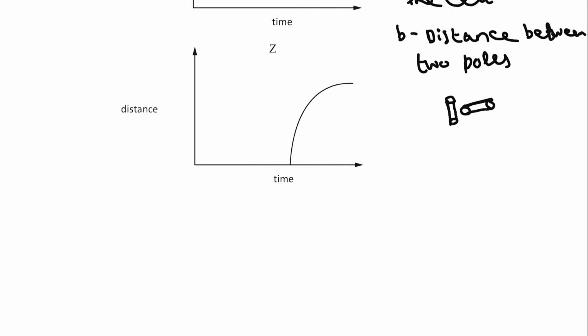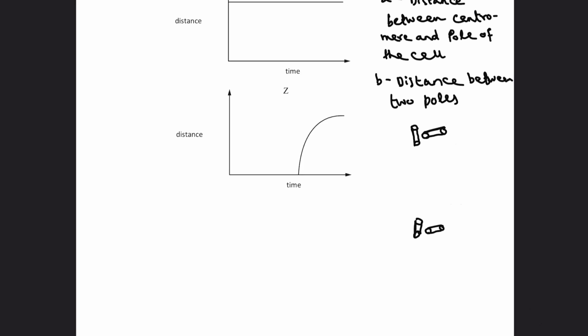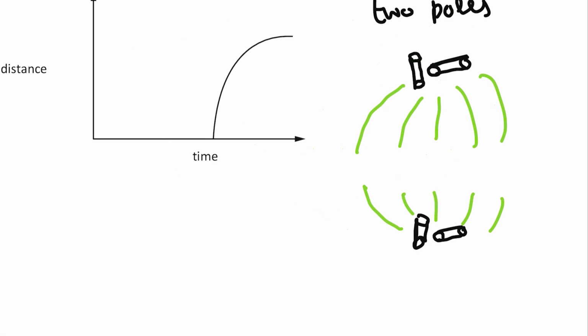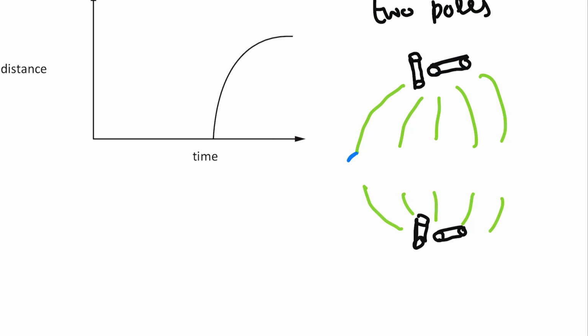So the picture in anaphase is that there is shortening of microtubules, and what happens is that the chromatids move towards opposite poles.